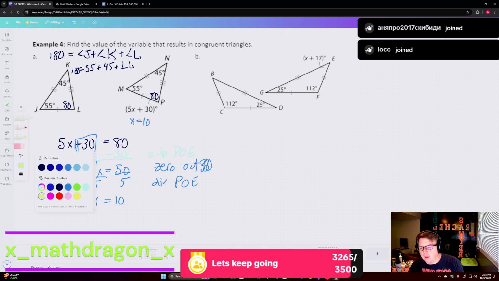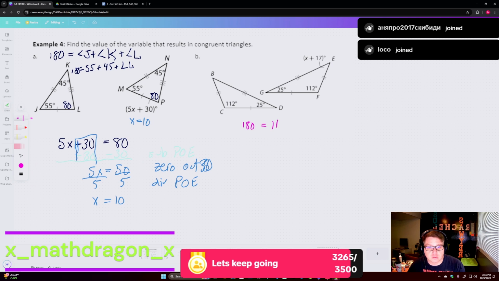All right, next. Once again, all three angles should add together to give you 180. So I'm going to do 180 equals 112 plus 25 plus an unknown. Some unknown we don't know. But if I do 137 plus question mark equals 180, we could even call it angle B if we wanted.